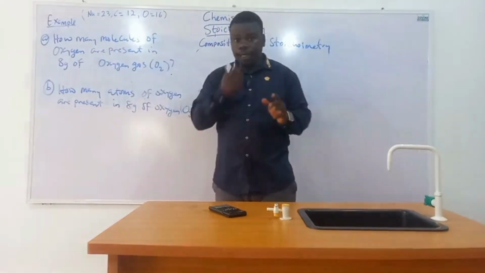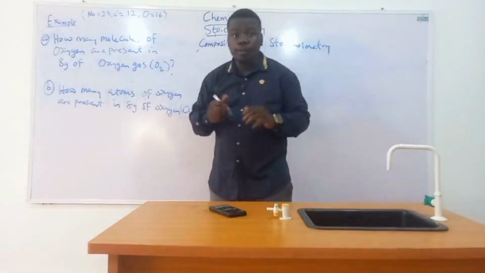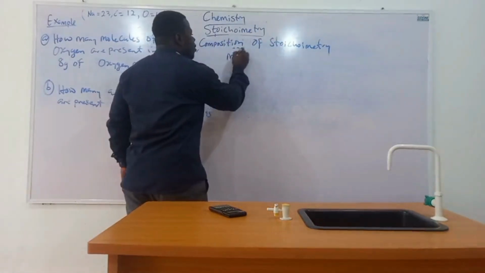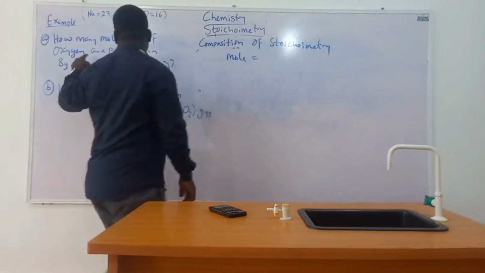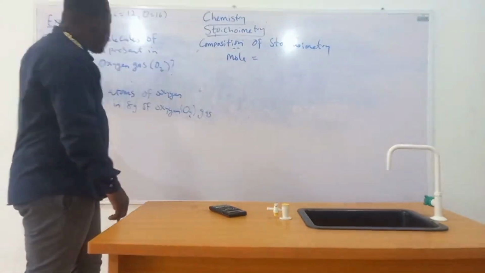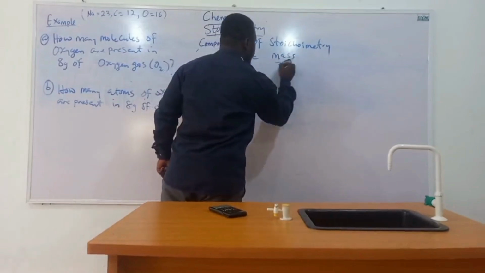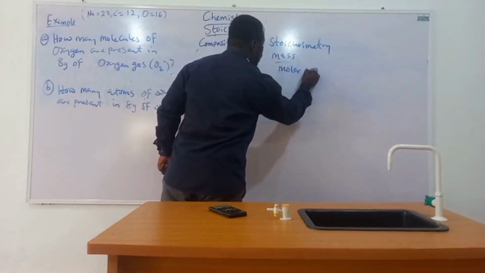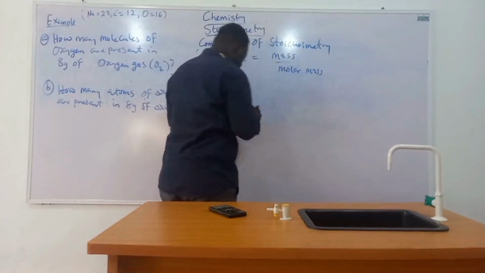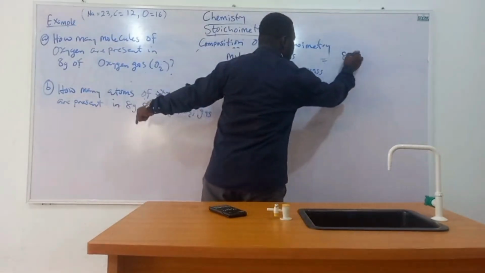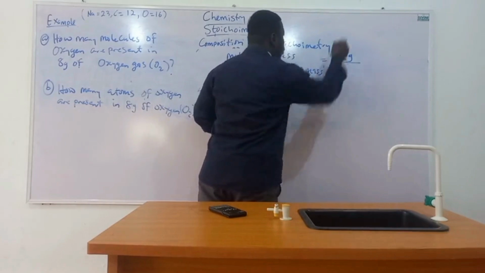Now, to solve this, remember, whenever mass is given, mass here is 8 grams. It is mass over molar mass. Now, what is the mass given? The mass given is 8 grams over oxygen.